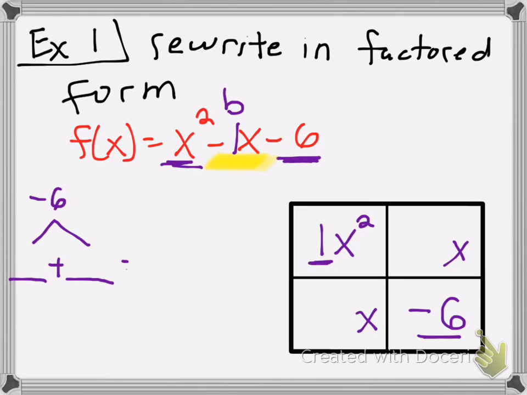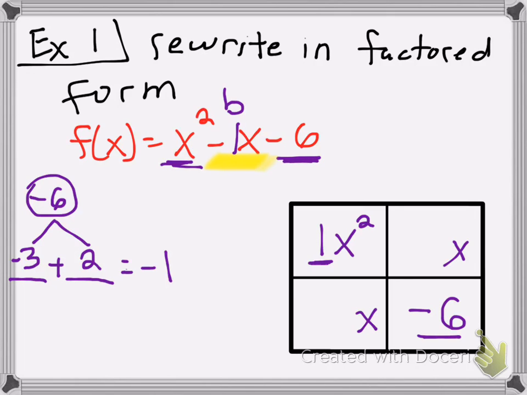I'm trying to find B. Well, that middle term is negative 1. Now, guys, knowing your multiplication facts helps greatly. One of these has to be negative, so I'm going to say negative 3 plus 2 is negative 1. And when I multiply them together, it gives me the negative 6. That's how I want to set that up.